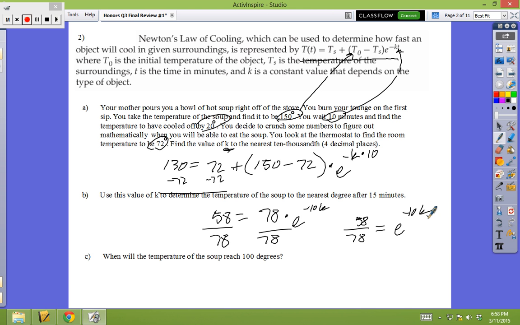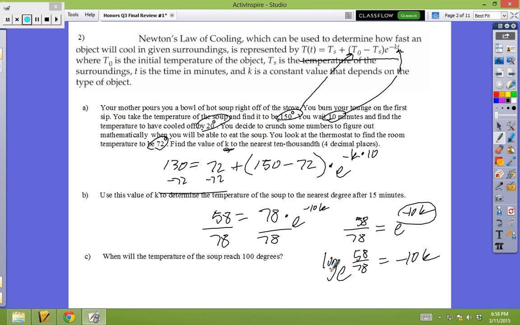Now, we've got to solve for K. So we've got to ditch this e, we've got to undo the base. The only way you can undo a base is by a logarithm. So it's going to be log in base e of 58 over 78, and that is equal to the exponent, negative 10K.